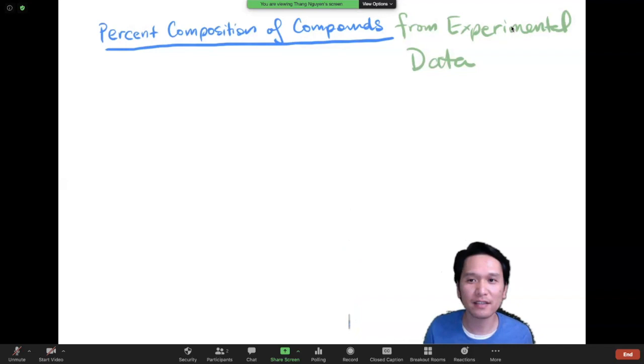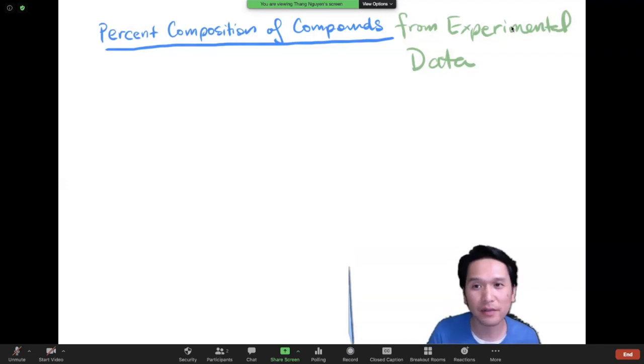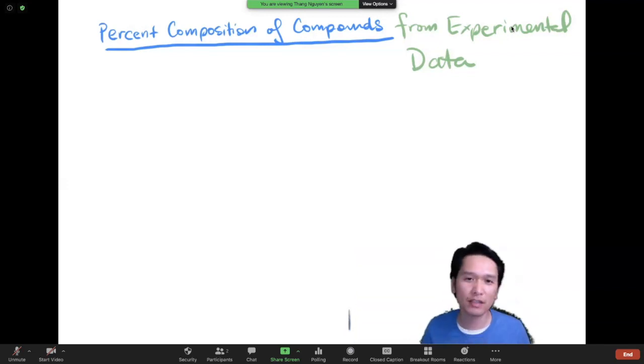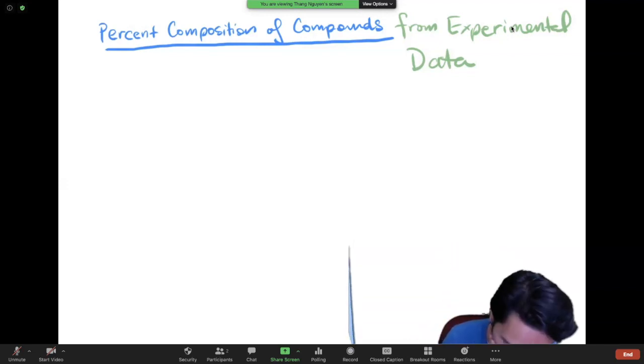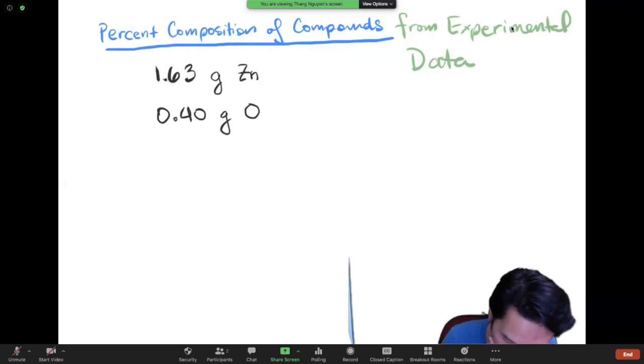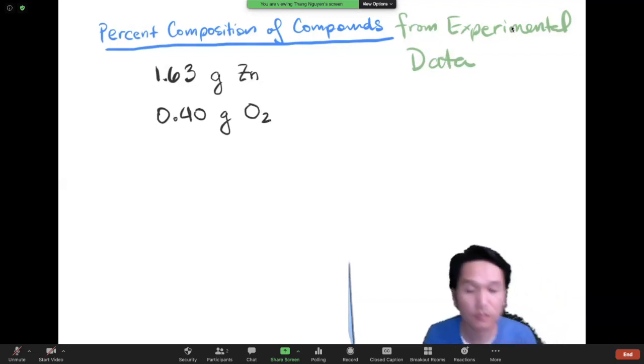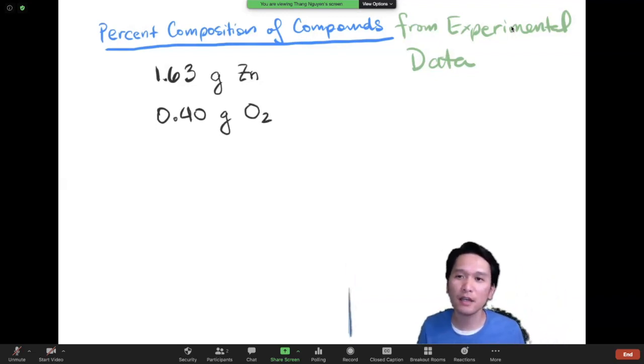Okay, the second scenario is when you are going to calculate the percent composition of a compound based on experimental data. So this is more like a real life situation. So for example, let's say you had a situation where zinc reacted with oxygen gas, which is O2, and you knew how much of it reacted.